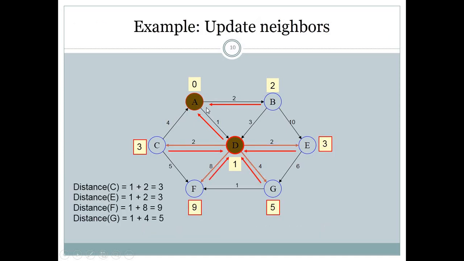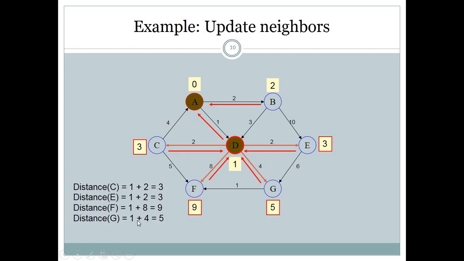So let's consider the other nodes that are in contact with D. If we consider node C, then the shortest distance is 1 plus 2, which is equal to 3. Shortest distance for E is 1 plus 2, equal to 3. Shortest distance for F is 1 plus 8, equal to 9.